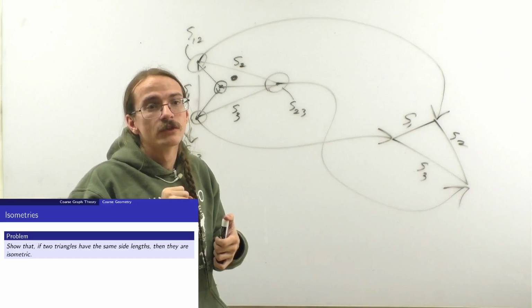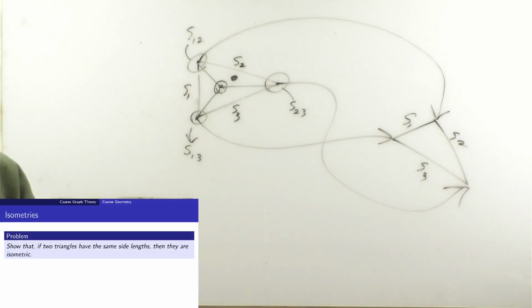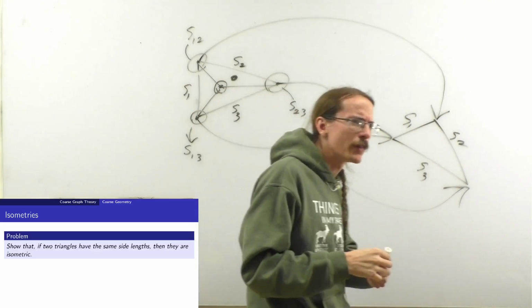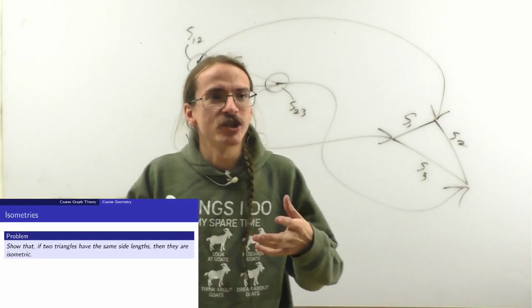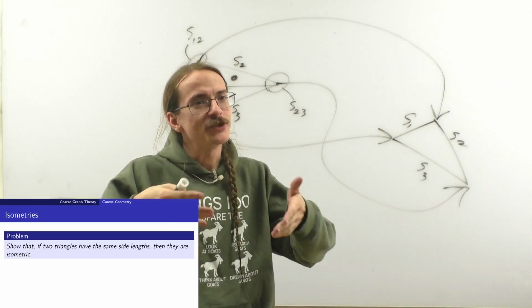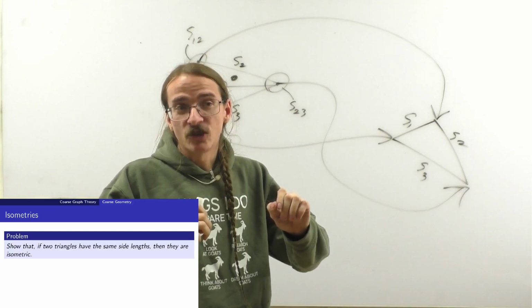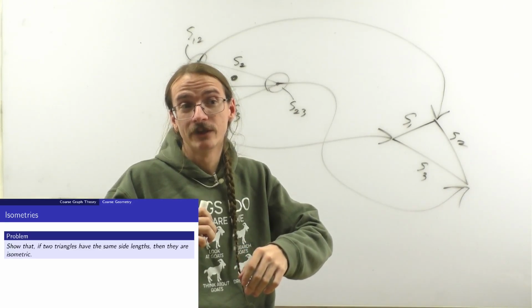So would it then be accurate to say that an isosceles triangle is isometric to itself? It would totally be accurate to say that an isosceles triangle is isometric to itself, but you can do even better than that. I'll turn that around and ask you a question. Is it fair to say that a triangle, even if it's not isosceles, is isometric to itself?